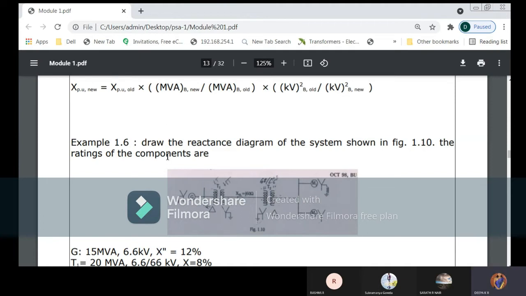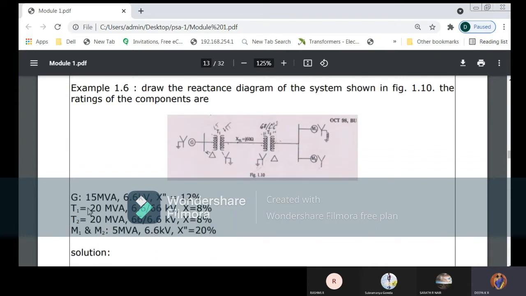As per the question, we don't have any new value. In that case, you need to assume any one of the values of a generator or a transformer or a motor as a base value. Here we have 15, 20, 20 and 5. From the figure, it starts from the generator and ends at the motor.